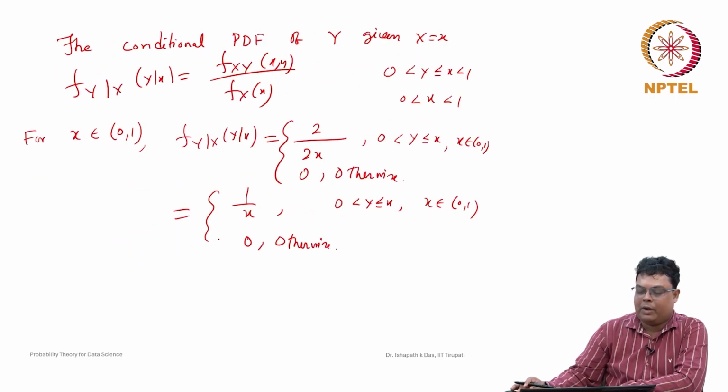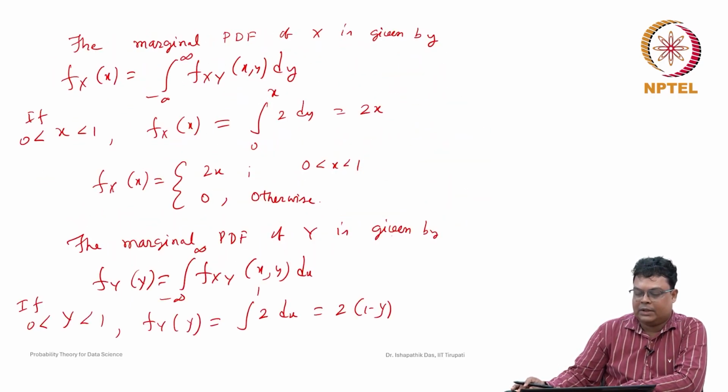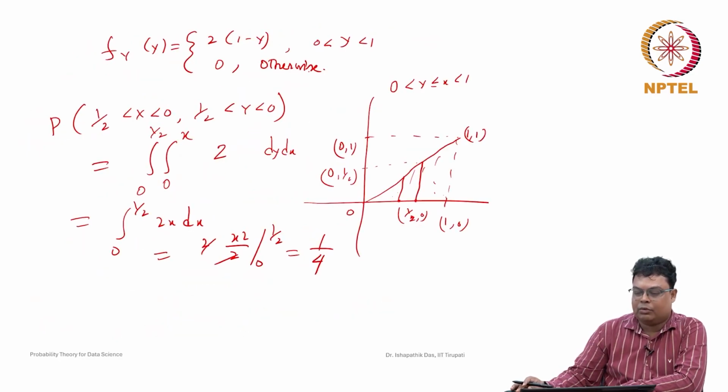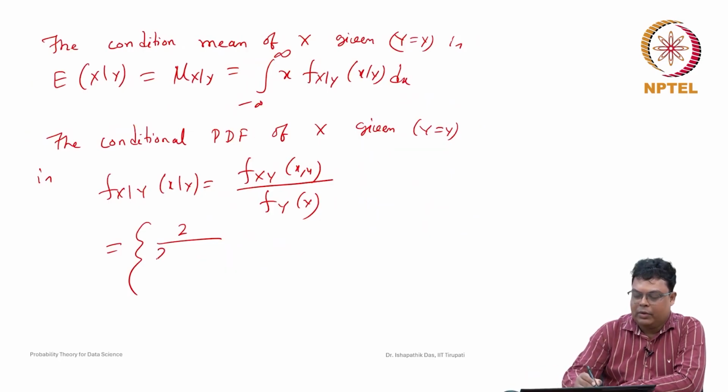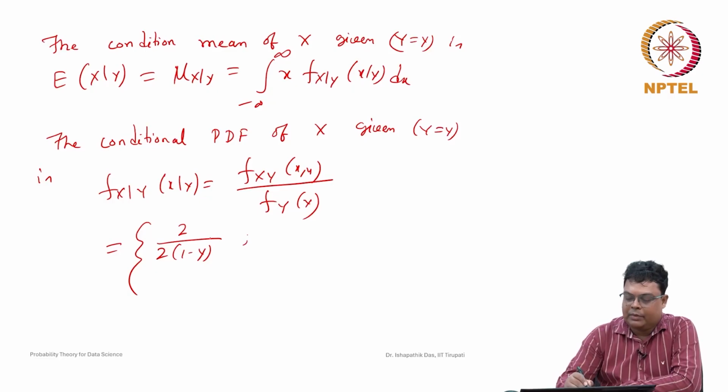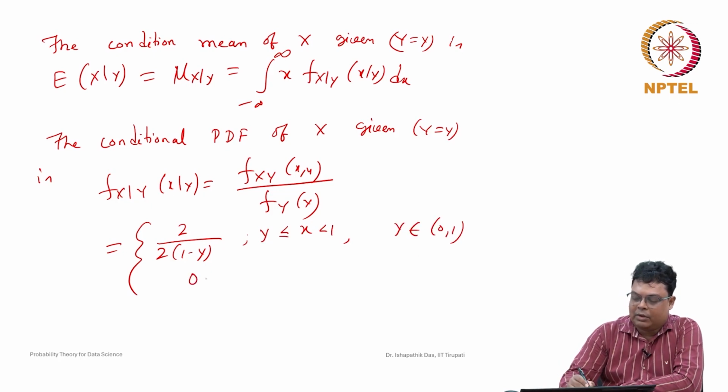What is f_Y(y)? f_Y(y) is 2 into 1 minus y, whenever y is between 0 and 1, and 0 for any other case. We have to write the limits properly: x is greater than or equal to y, less than 1.